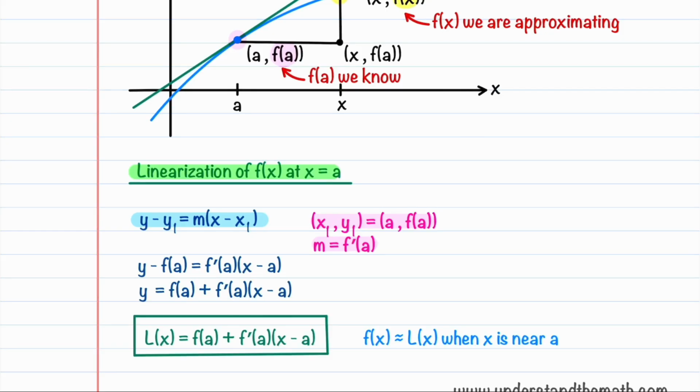If we plug both of those in, we get that y minus f of a is f prime of a times x minus a, and then we want to solve for y, and it's just f of a plus the derivative of our function at a times x minus a. This y value is our linearization L of x, so the linearization is just f of a plus f prime of a times x minus a. We say that f of x is approximately L of x when x is near a.